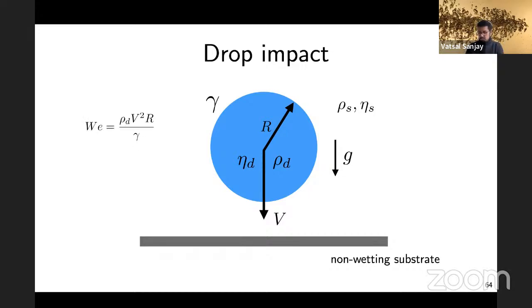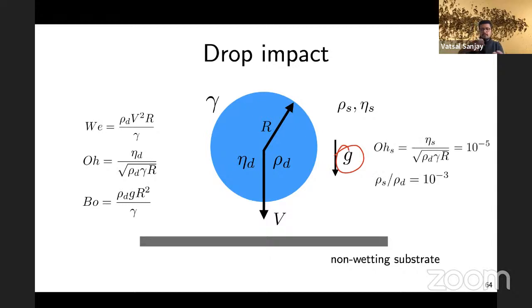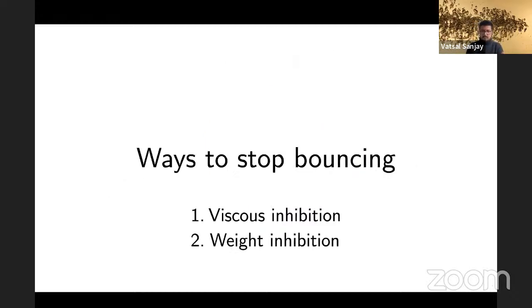And then we have this Weber number, which is inertia versus capillarity, Ohnesorge number, which is a dimensionless viscosity, and Bond number that comes in because of the inclusion of gravity, and that's gravity versus surface tension. And of course, we have these two Ohnesorge numbers and the density ratio, which we are going to keep fixed once again in order to have a surrounding medium that doesn't influence the drop impact process.